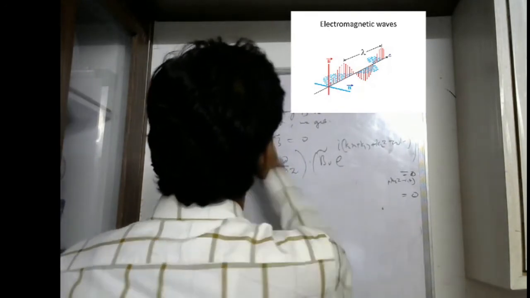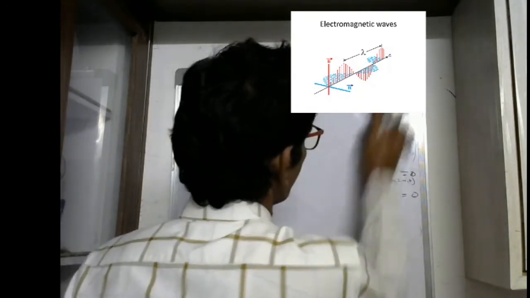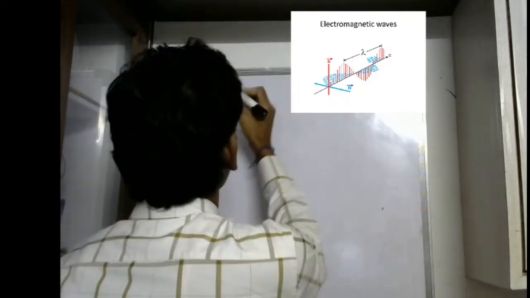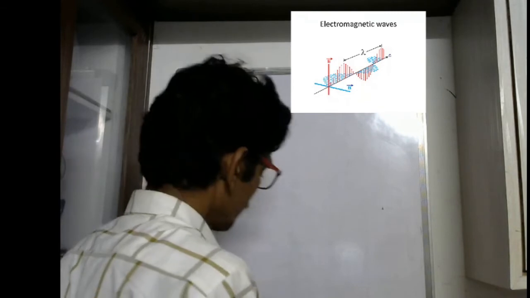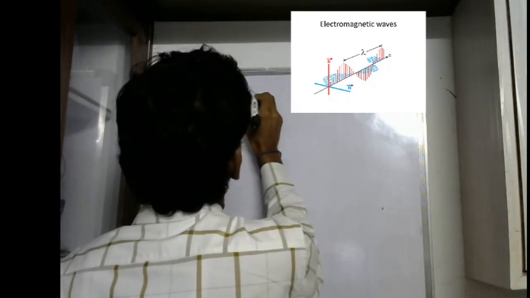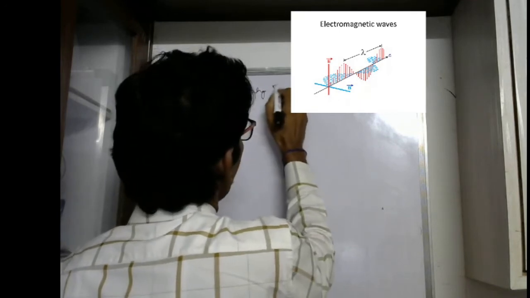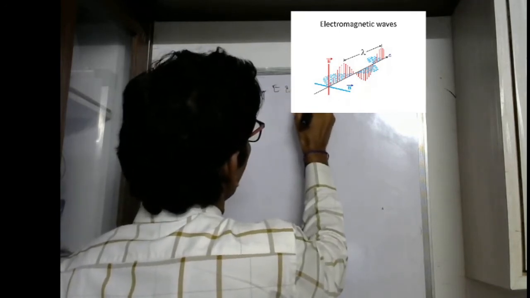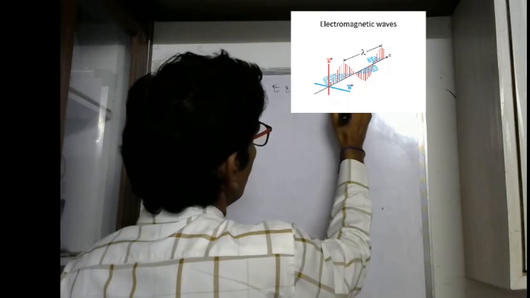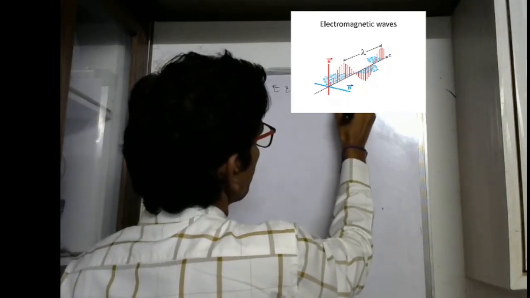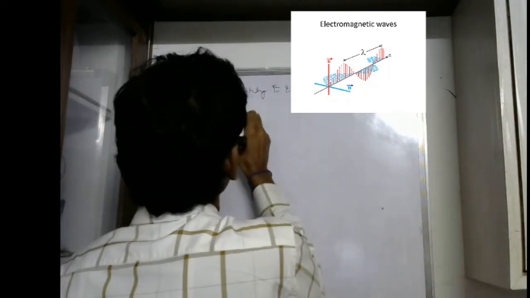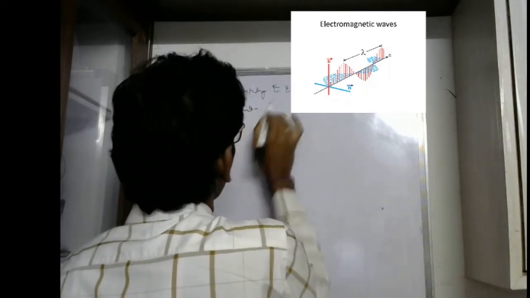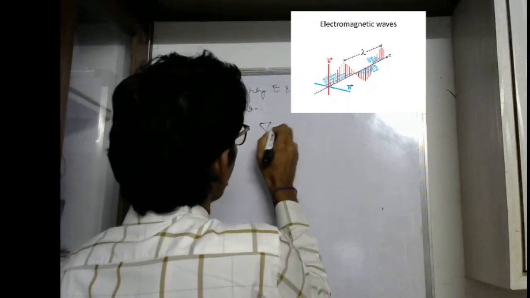Now, substituting E and B values in the third Maxwell's equation, we have, what is the third Maxwell's equation?